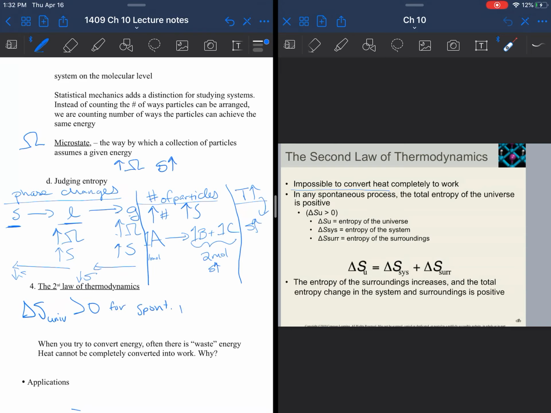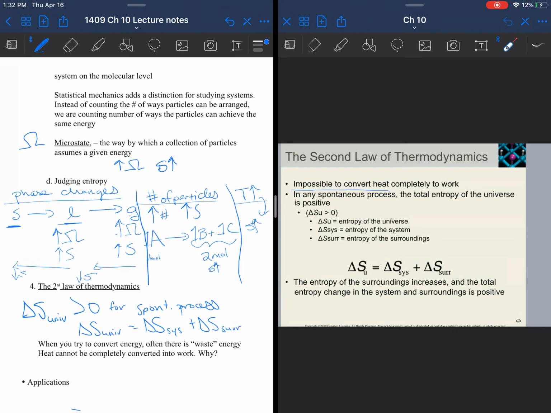Now, delta S of the universe is going to be delta S of the system plus the change in entropy of the surroundings.